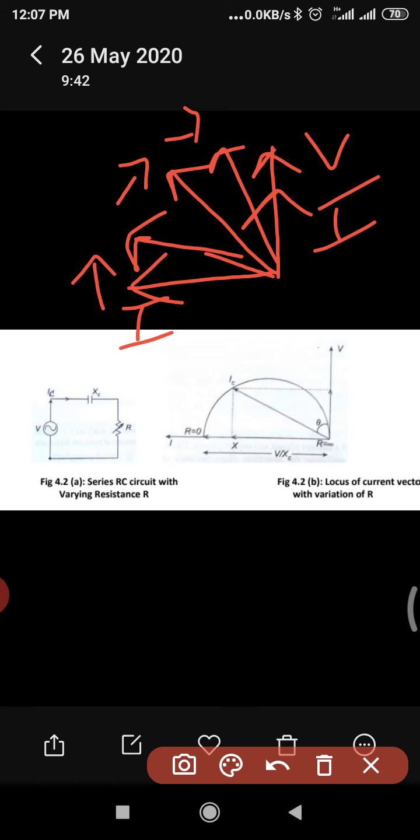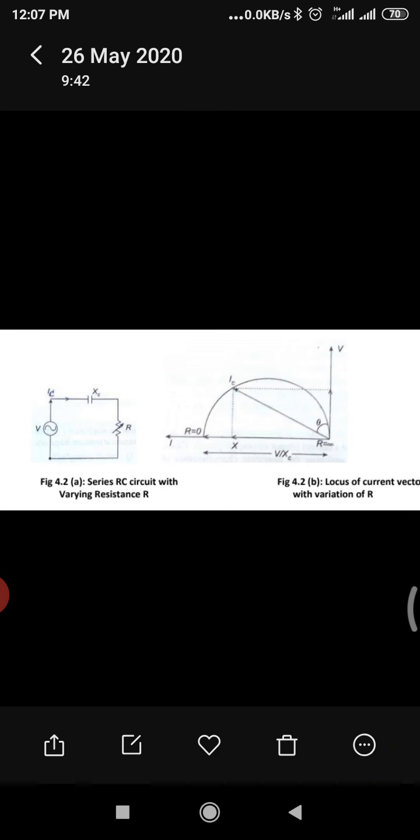Okay, now if you attach all these endpoints, we get a locus diagram of this shape. This is the step-by-step method for finding the locus diagram for a series RC circuit with variable resistance.